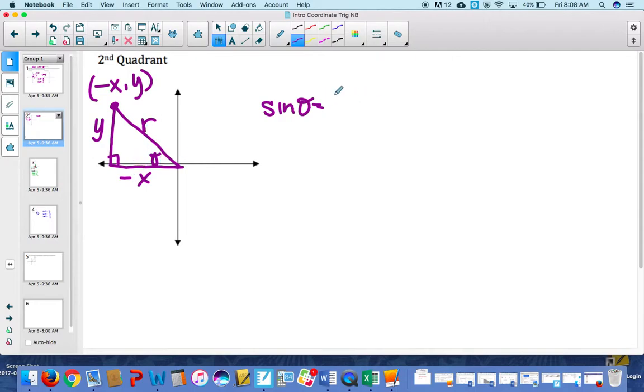So sine is going to be the length of y divided by the length of r. The cosine of angle theta is equal to negative x over positive r. And the tangent of theta is positive y over negative x, for TOA.